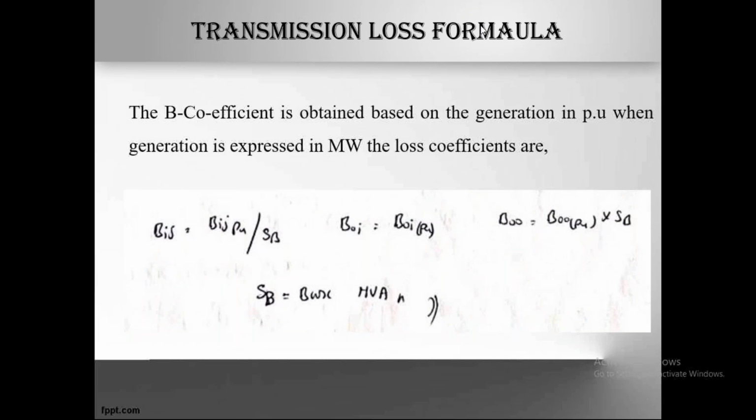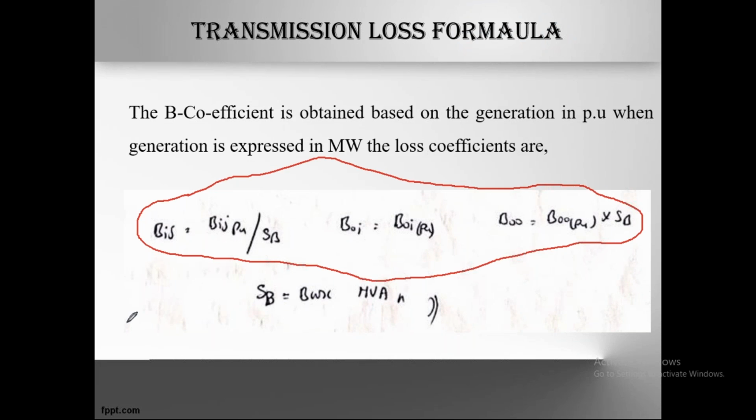So just note down these three equations, and based on this you will get a 2 marks question. What are the different B coefficients we are using in the power loss equation? You have to write these three, and you have to mention this sentence also: the coefficient is obtained based on the generation in per unit.